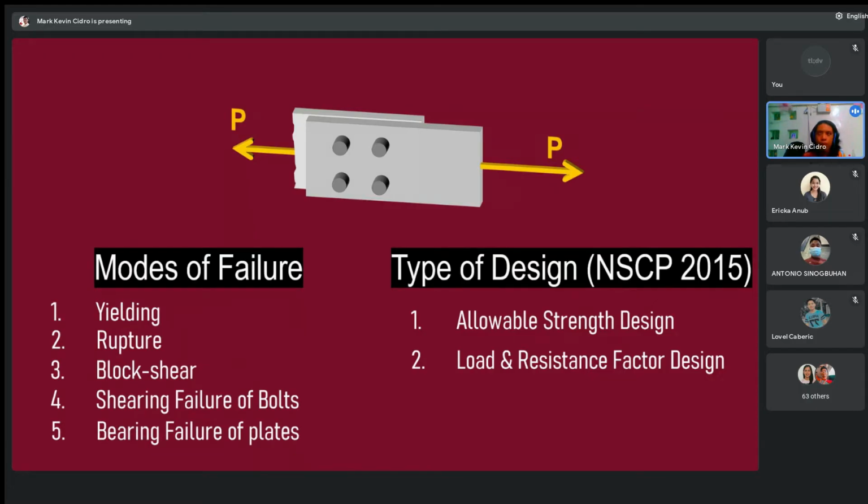For example, the capacity of this material is 100 megapascal in terms of stress. You do not design exactly at 100 megapascal, because your member should still be able to sustain loads beyond the allowable, since you do not know what will happen in the future.